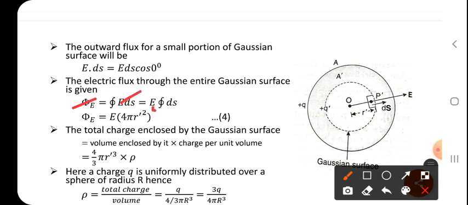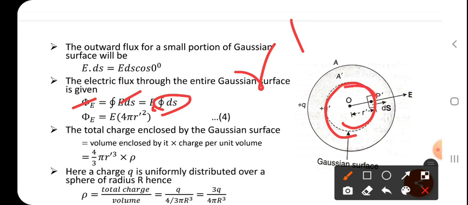E is taken outside, so integral of dS gives the area of the Gaussian surface with radius r dash. The Gaussian surface is a spherical surface. Spherical surface area is 4 pi r square, but instead of r we have r dash, so 4 pi r dash square.